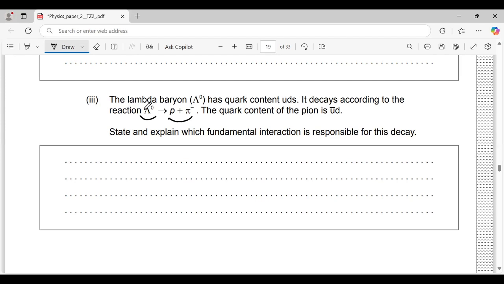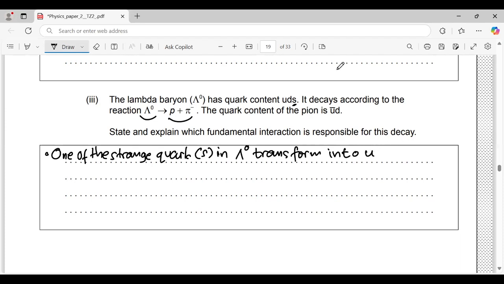If we compare the initial state and the final state, one of the strange quarks, the symbol S, in the lambda baryon is transformed into an up quark.